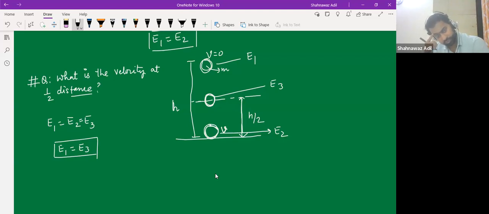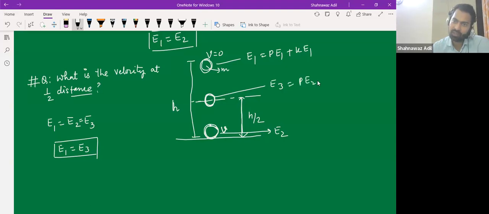Energy at this point would be PE1 plus KE1. Energy at this point would be PE2 plus KE2, and at the third point PE3 plus KE3.